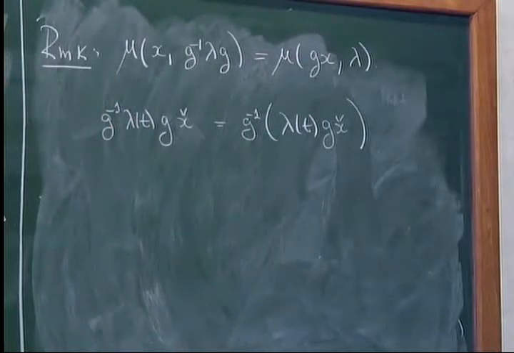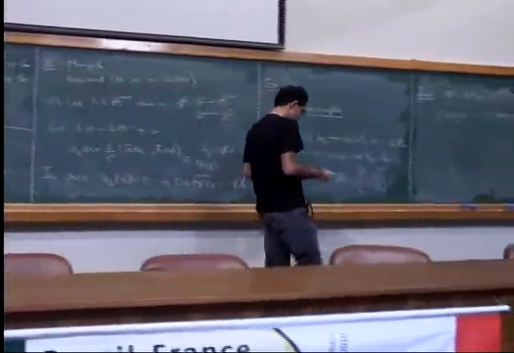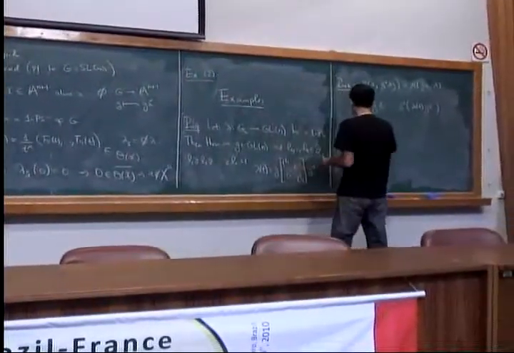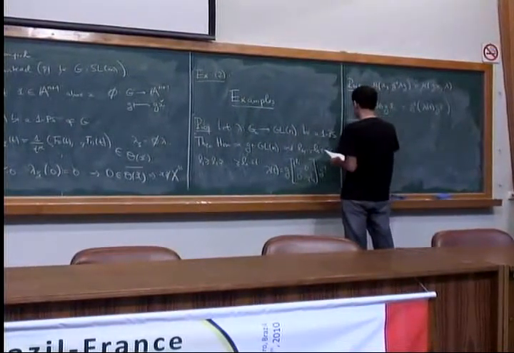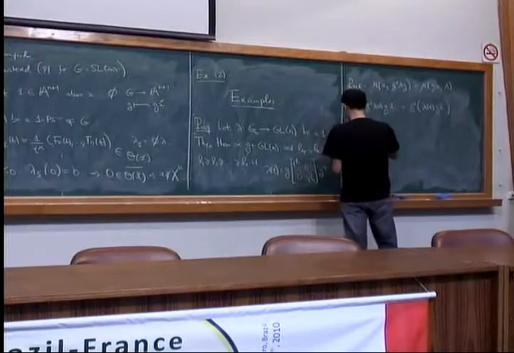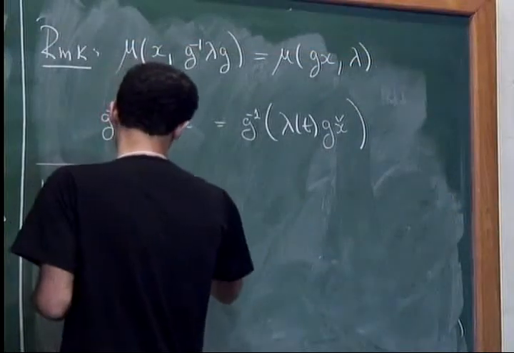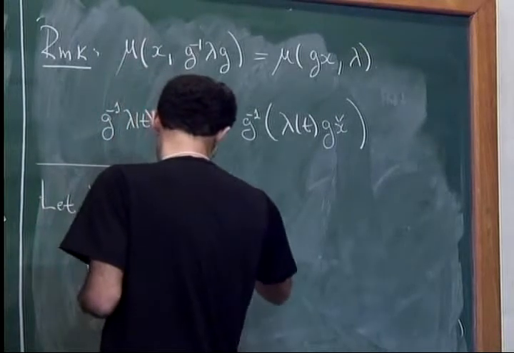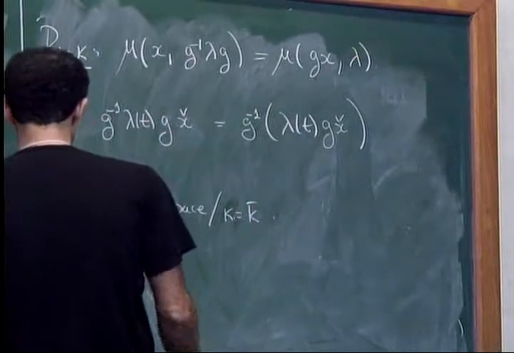So let's see how to apply this to classical stuff. So let's now look at V a vector space over K, always algebraically closed, right?